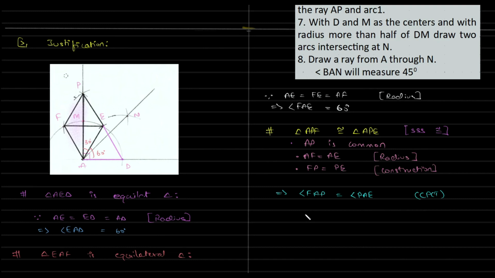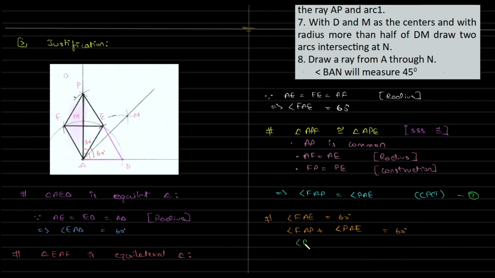And next thing is, since angle FAE is equal to 60 degrees, which can be written as angle FAP plus angle PAE, which is equal to 60 degrees. So from 1, what can we tell?